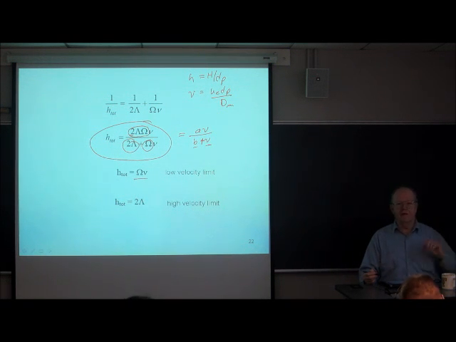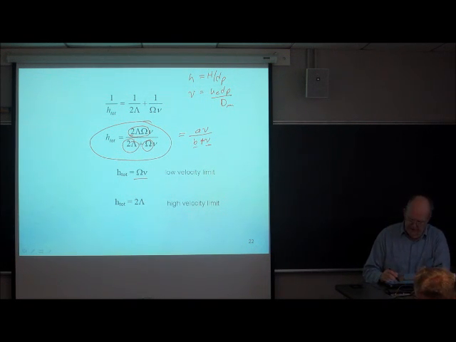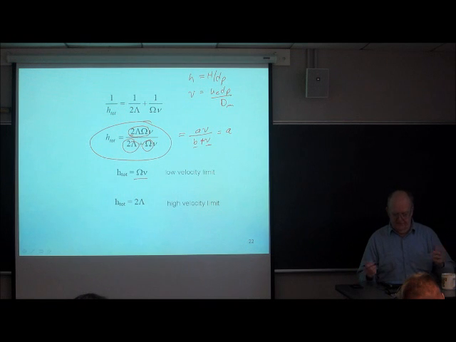So that's the low velocity limit of the coupling equation. And the high velocity limit, where nu is way bigger than b, we have A nu divided by nu, so that's just A. So that's a constant. So the high velocity limit is just a constant independent of velocity.